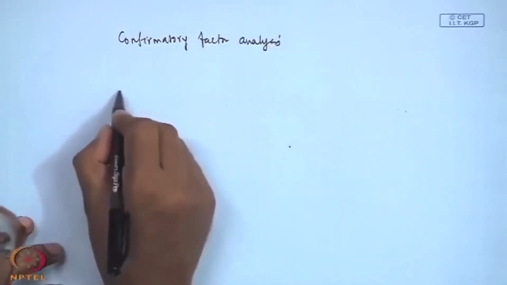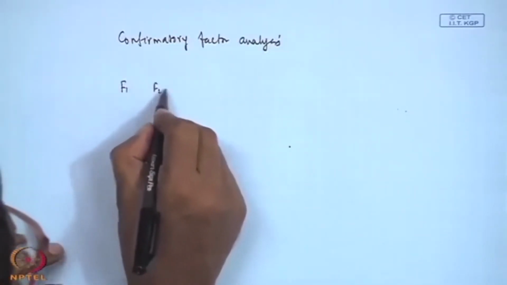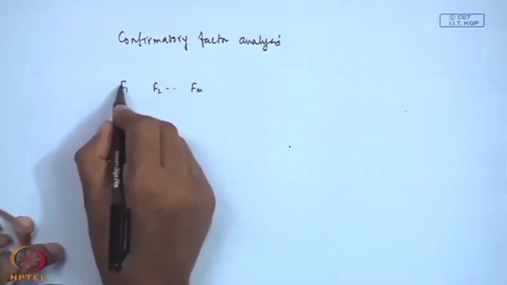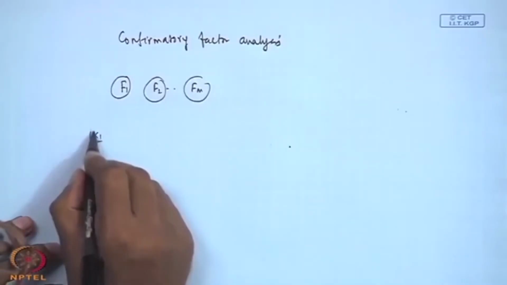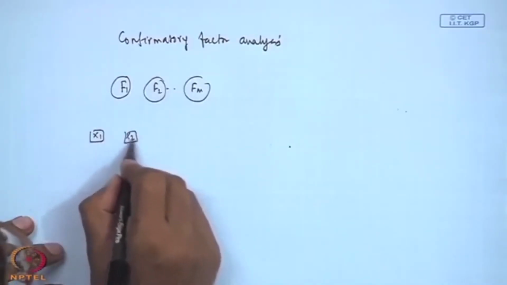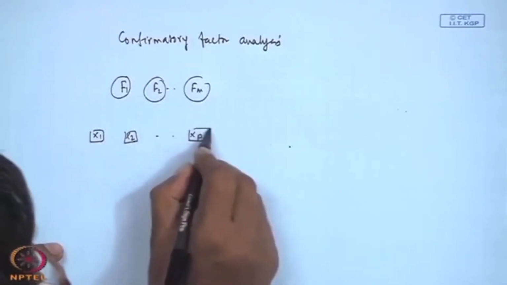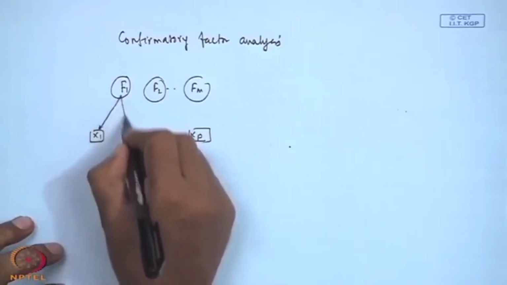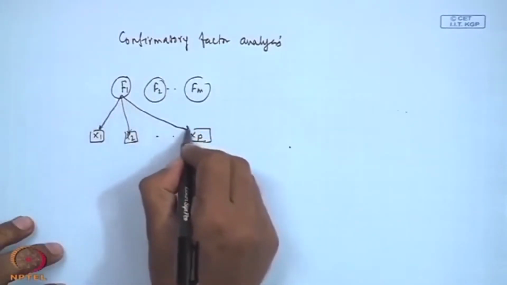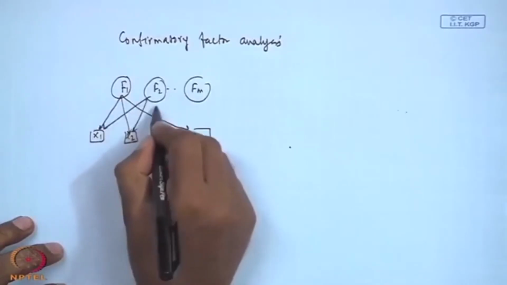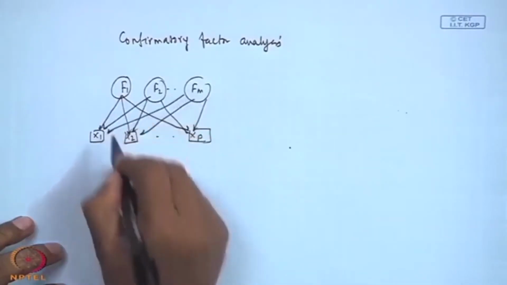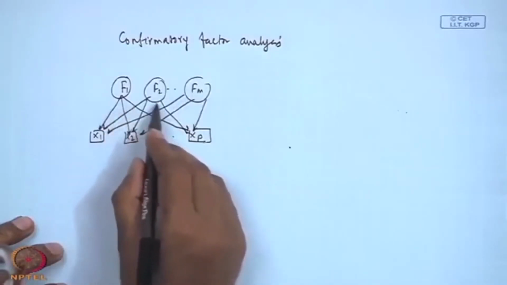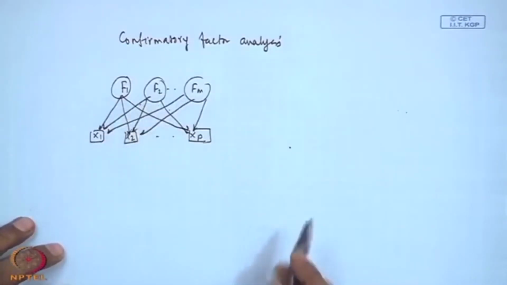In exploratory factor analysis, you have m factors and there are p observed variables, and you are linking each one like this.